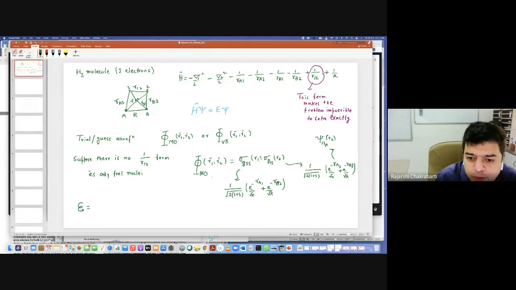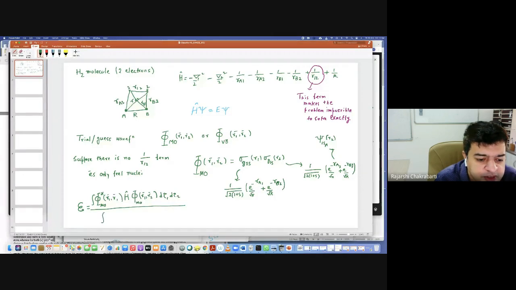For script E, it has to be this trial wave function. You take the trial wave function, take a complex conjugate of that. In this case, this is real. This one. What will be in between? This is the Hamiltonian. Sorry, this is MO. And then I integrate over the volume element.